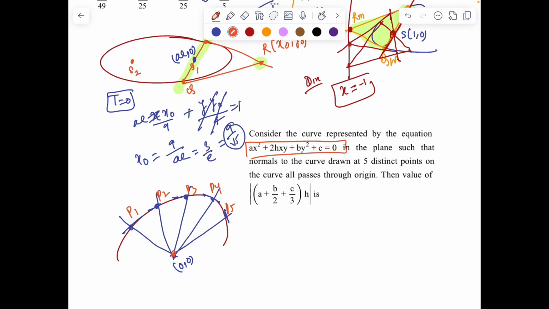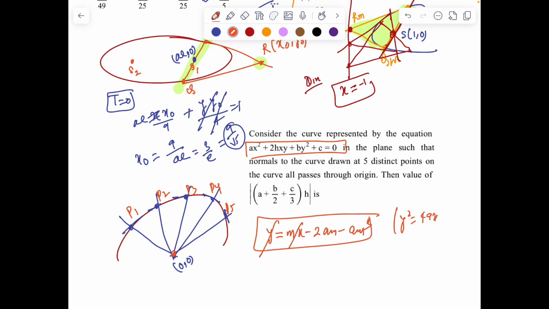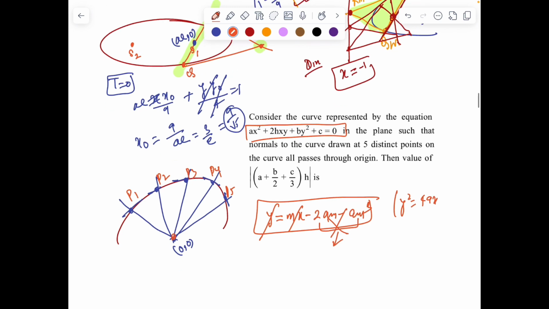Now clearly if you see a parabola, the equation of the normal in slope form is y equals mx minus 2m minus m cube for y square equals 4x, and if it has to pass through 0 0, we'll have a maximum of 3 possible values of slope. So we can't have 5 distinct points. So the maximum number of conormal points will be 3 for a parabola. Similarly for an ellipse, we see the equation a square x by x1 minus b square y by y1 equals a square minus b square.